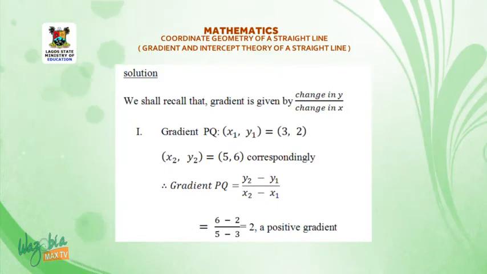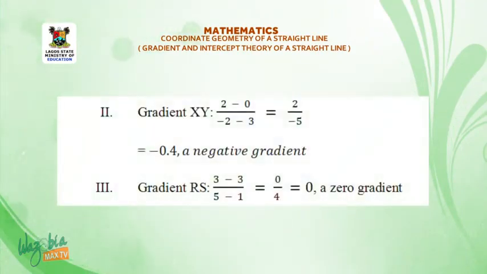Therefore, gradient of PQ is equal to (y2 - y1) over (x2 - x1), which is equal to (6 - 2) over (5 - 3), which is equal to 2, a positive gradient.